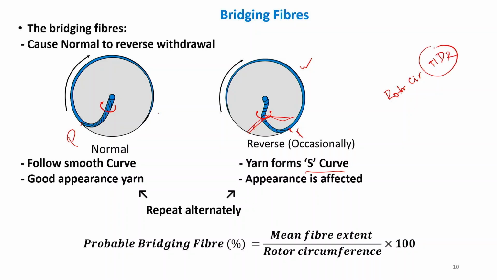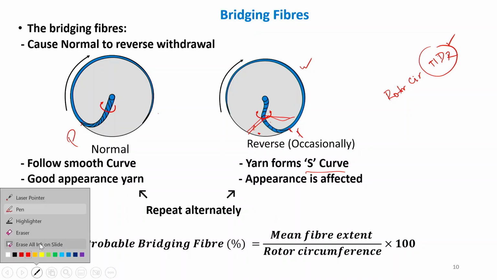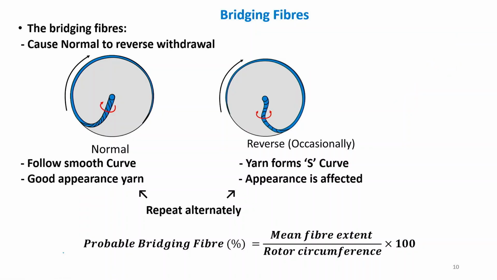If we are using a fiber length of that extent, that means this is one fiber which is lying on the rotor groove, and the tail end and leading end of the fiber will coincide. So, there is a 100% probability of bridging fiber.